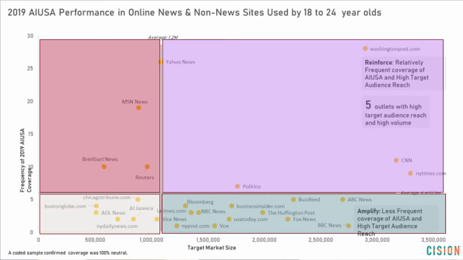And finally, the outlets such as MSN, Reuters, Breitbart News, they already often pick up Amnesty International's content, but again, they aren't very popular among target audience members. So if they write about them, it's good. If they don't, again, not a big deal.